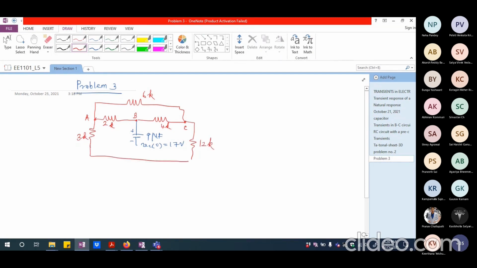These are all connected together; this is the common ground. So there are three nodes specifically, A, B, and C.